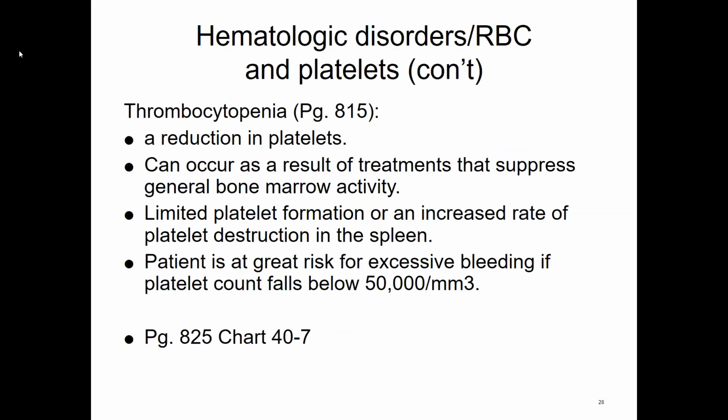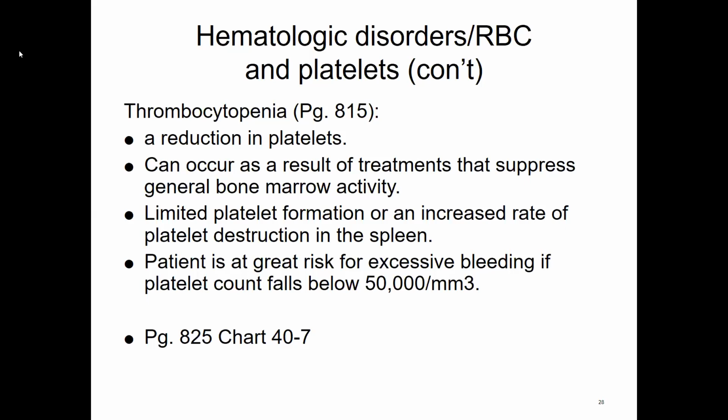Another hematologic disorder is thrombocytopenia. You are going to see this diagnosis in the hospital, and it's on page 815 in your IGGY book. This is a reduction of platelets. It can occur when patients receive cancer treatments or anything that would suppress the bone marrow.